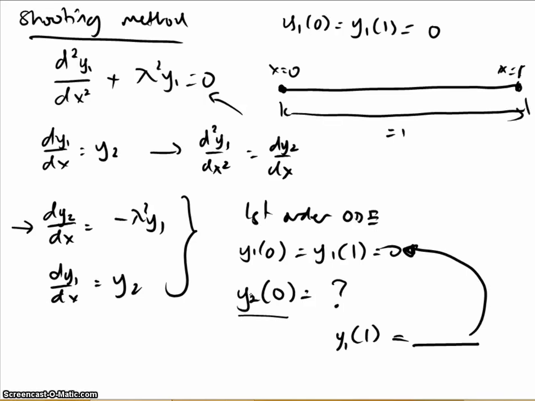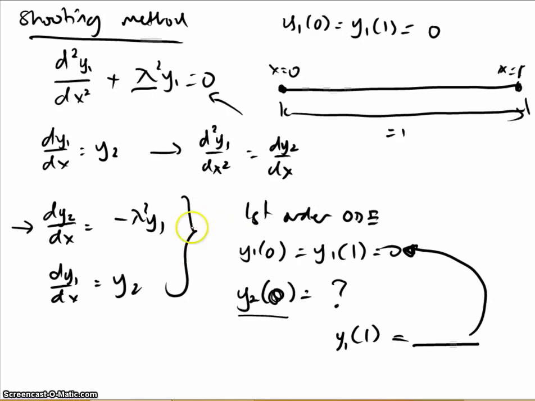Instead, what we are actually interested in is the values of lambda, our eigenvalues, because at this point we are still not sure what the values of lambda are. So instead of guessing what y2 is at the initial point, we'll make our guesses on the eigenvalues, or lambda. So how about our y2 at 0?